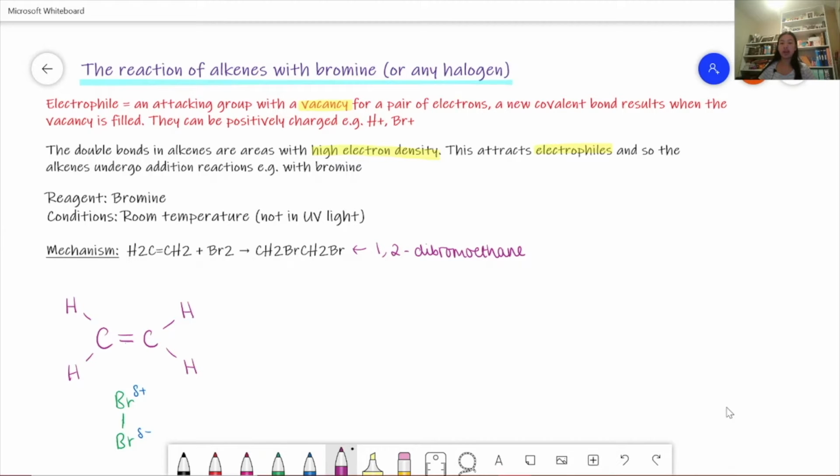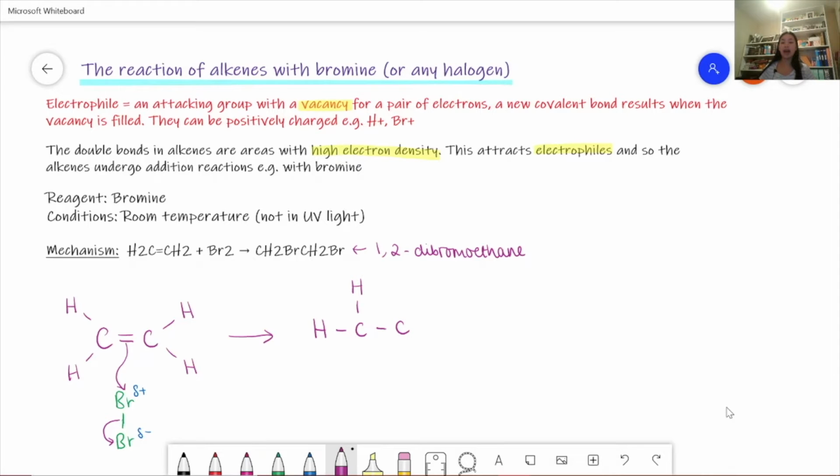So these two electrons from this bond go towards this partially positive bromine, the partial positive charge. And then these two electrons from this bond move towards the bottom bromine. And what this forms is an intermediate that looks like this. So we have these carbons and then the hydrogen.